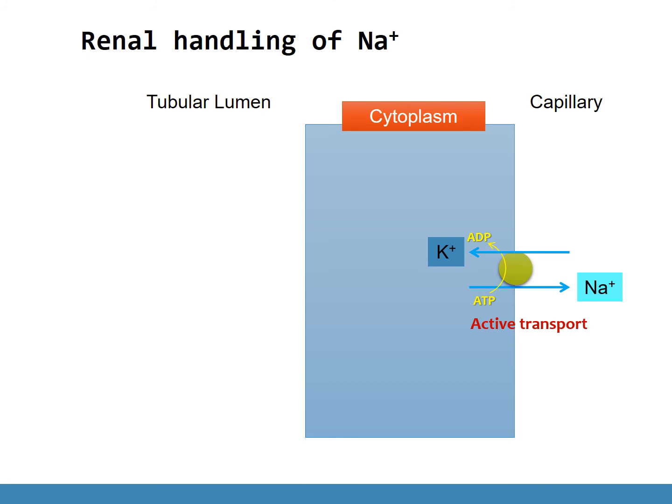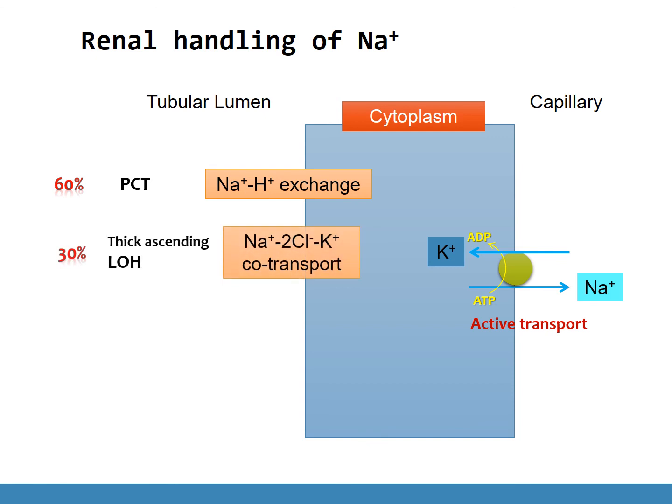Now, different parts of the tubules use different mechanisms for sodium reabsorption. I'm only mentioning the major ones here. In the proximal convoluted tubule, 60% of sodium is reabsorbed, and it is mainly through the sodium-proton exchange. In the thick ascending limb of the loop of Henle, 30% of the filtered load of sodium is reabsorbed, and it is through the sodium 2-chloride potassium cotransporter.